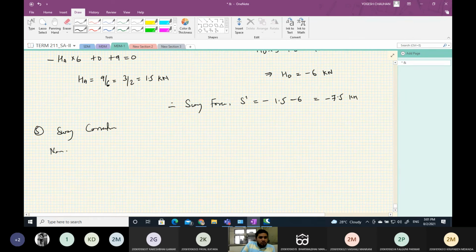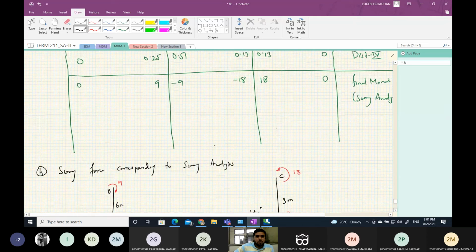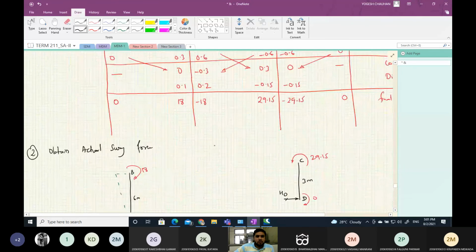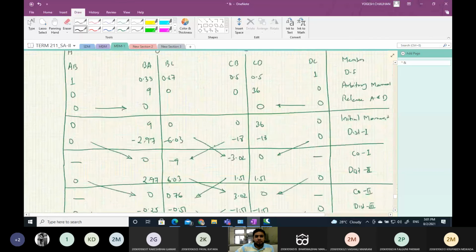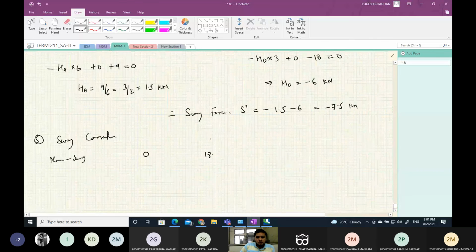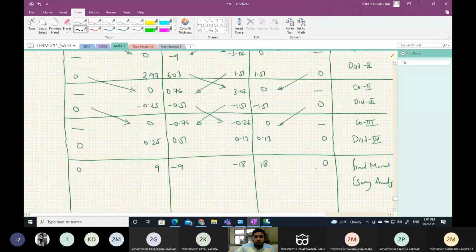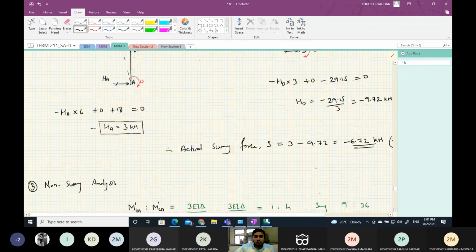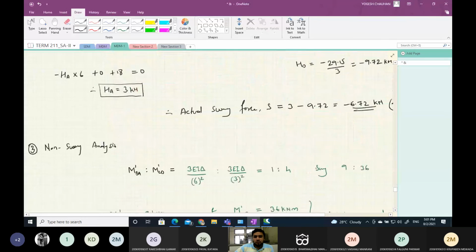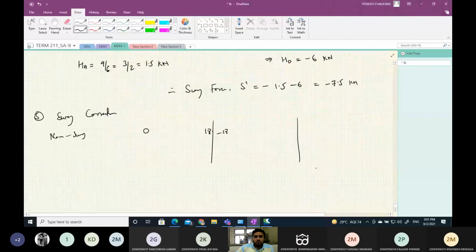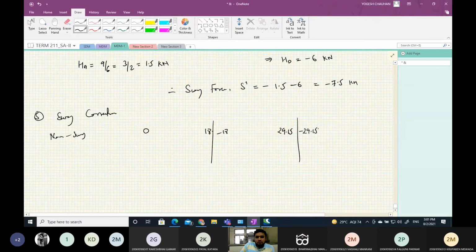So non-sway moments, which are 0, 18, minus 18, 0, 18, minus 18, 29.15, minus 29.15 and 0.